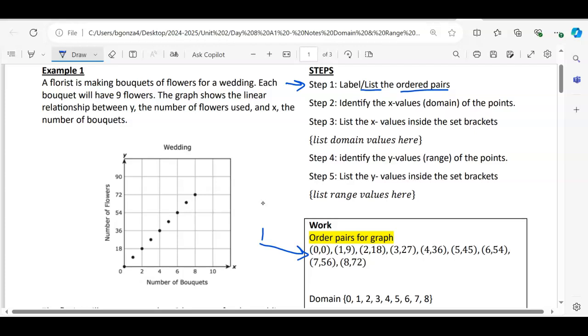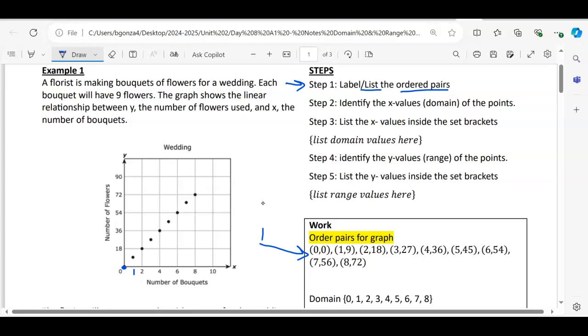If you can write out the points, you're halfway there to finding domain and range. Now look, on this graph, this right here is easy. It's 0, 0, right? No big deal. But look at the second point. What is the x value between 0 and 2? This has to be a 1, right?